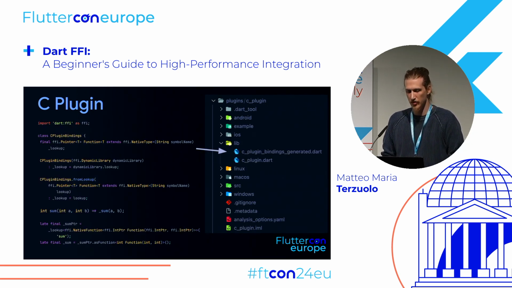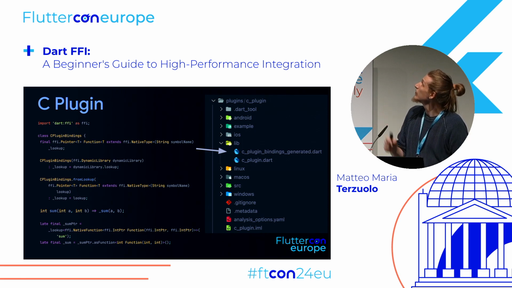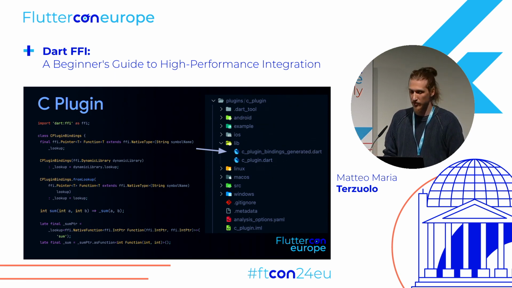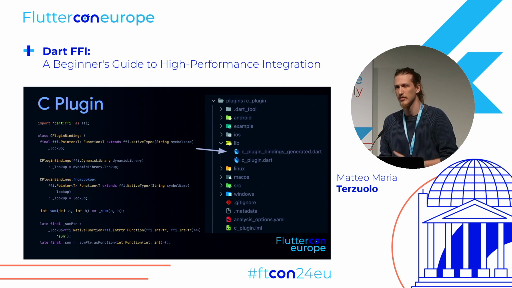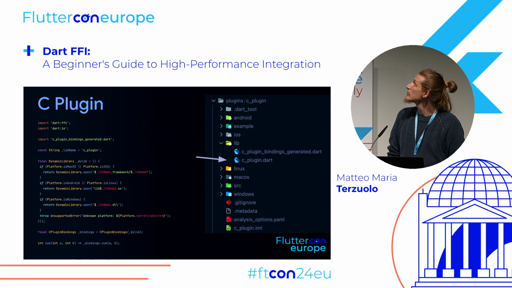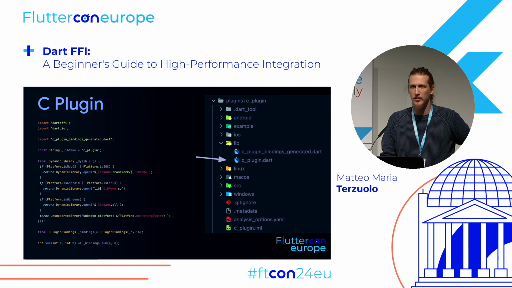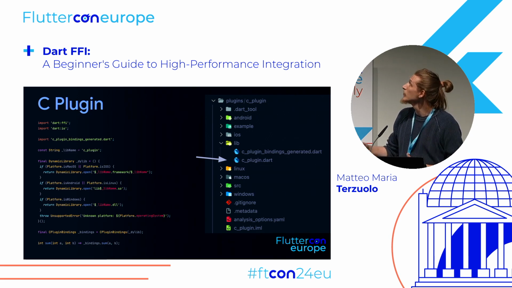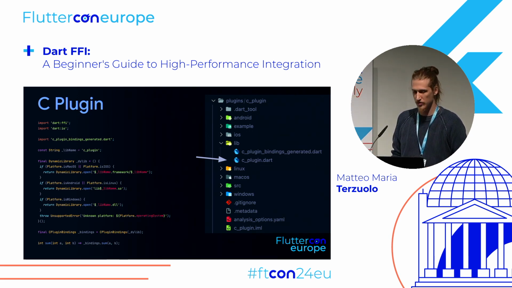What we see generated is that file. Inside of it, there are our sum functions, the short one and the longer one. Those are the mapping between the header files in C and the Dart code. And the other file that you see there is created by the flutter create command, but you may need to edit it by hand, because it's an over-engineered way to call the functions that we saw earlier, but in a more readable way.